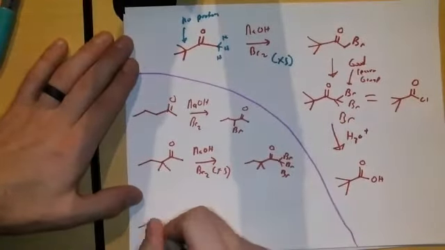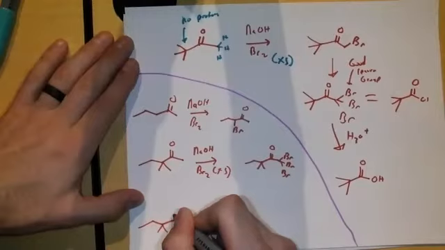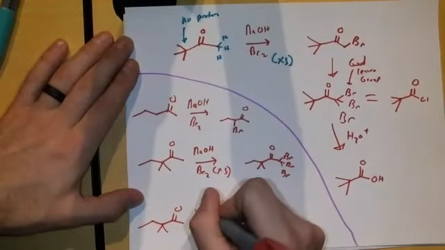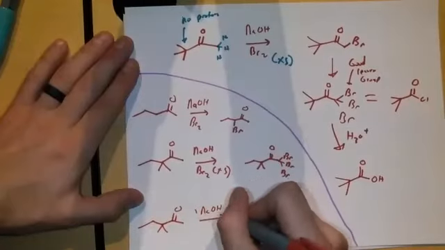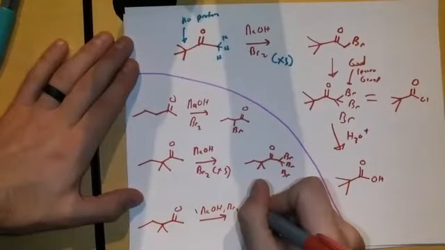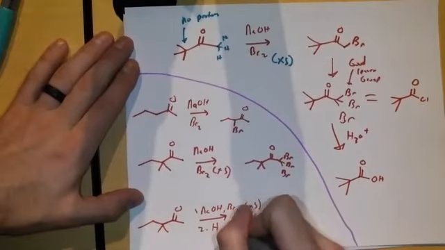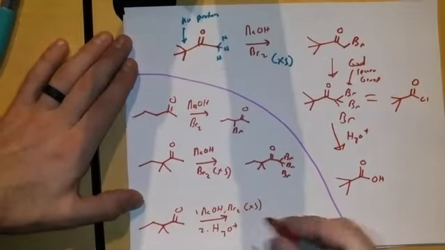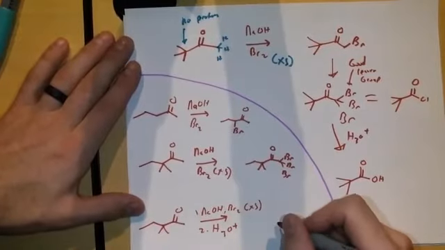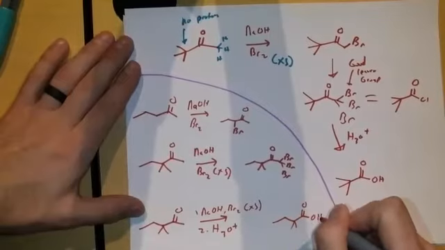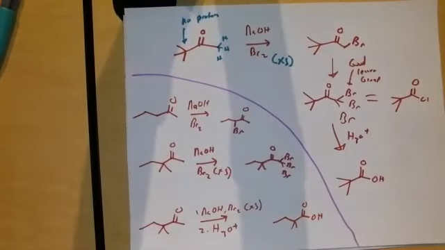And then if I do the same thing with H3O+ at the end, because I've got to balance out the NaOH, I can make the carboxylic acid.